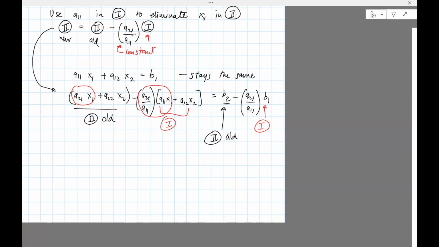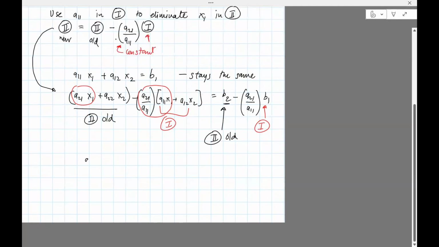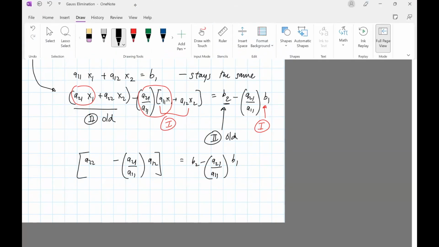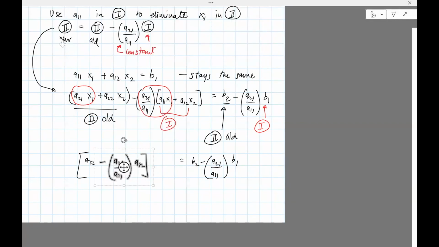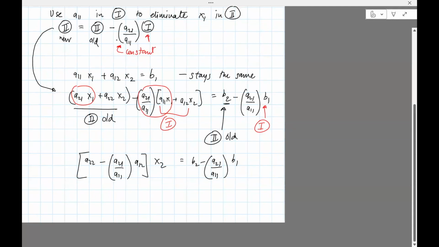So a21 x1 will cancel the a21 x1, and so you'll be left with a22 x2 minus a21/a11 times a12 x2 equals b2 minus a21/a11 times b1. In fact, I can just pull this out. Okay, and here you have solved for x2.